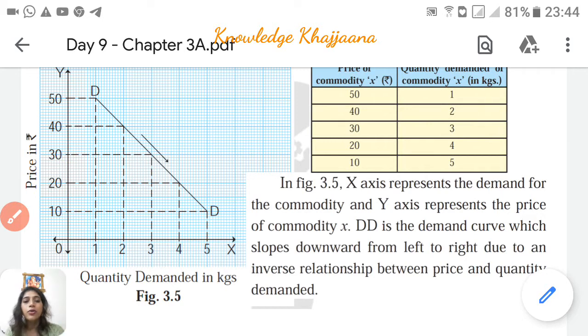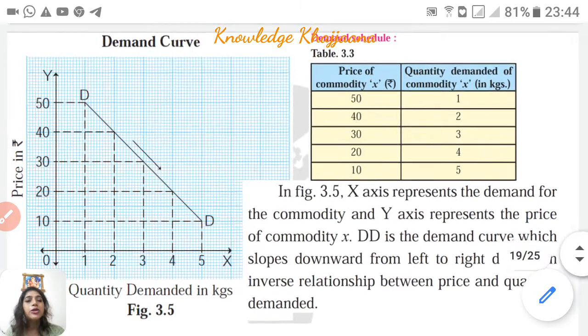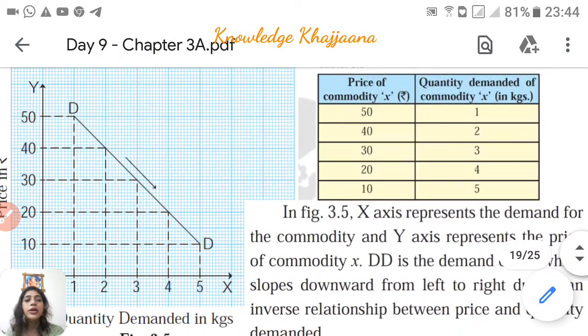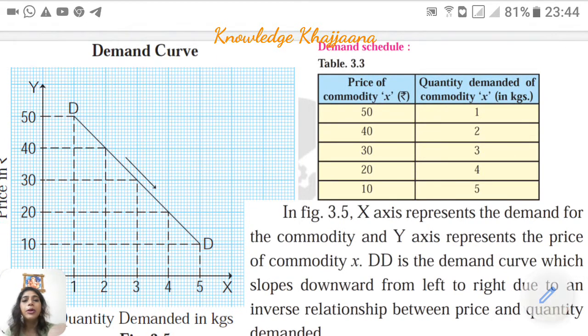Each point on the curve reflects a specific quantity that will be demanded at a given price. For example, at the price of rupees 50, quantity demanded is 1. Because prices are shown on the y-axis, quantity demanded is 1, which is shown on the x-axis. So this is the intersection point.